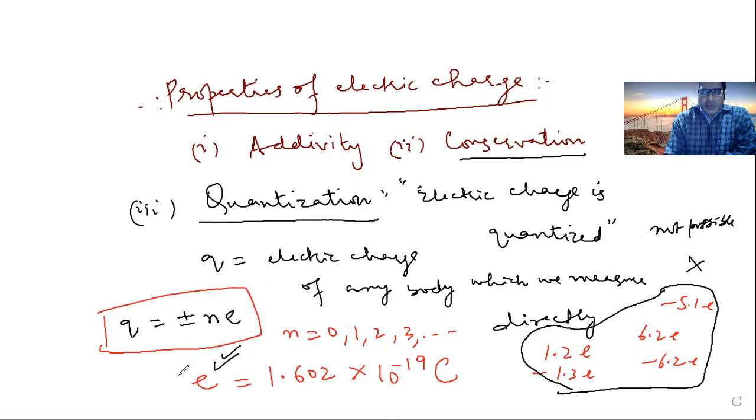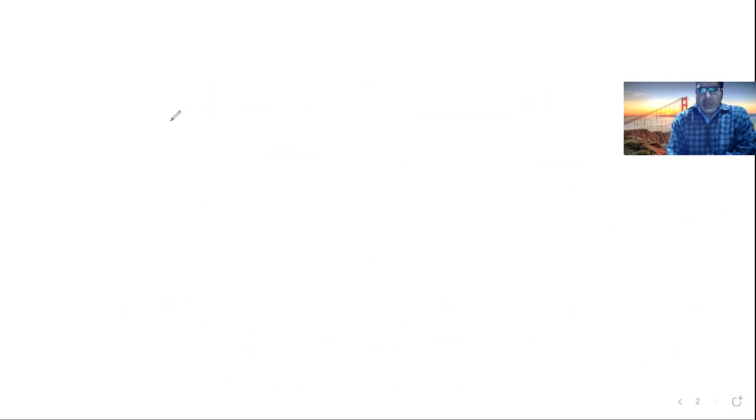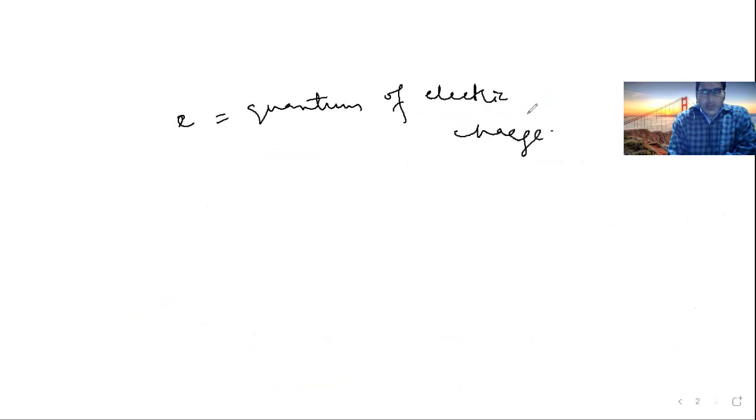The smallest unit of charge which a body can have is called the quantum of charge. So E is the quantum of electric charge. Our electric charge is conserved. There are other physical quantities which are conserved, and other physical quantities which are quantized.